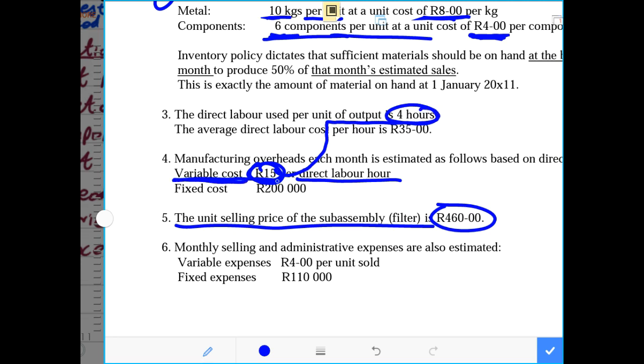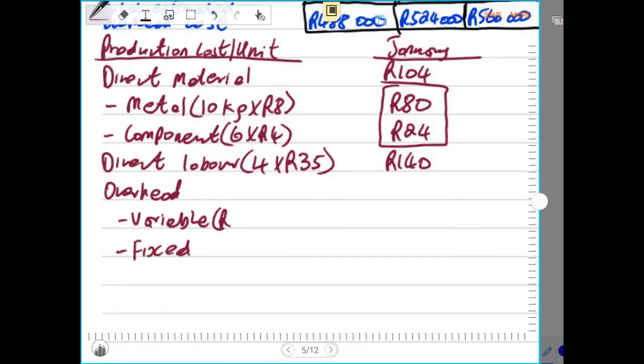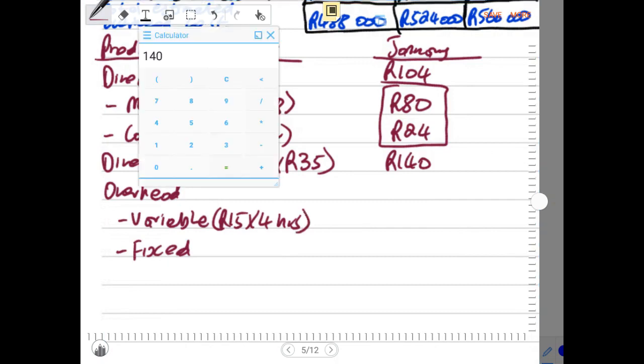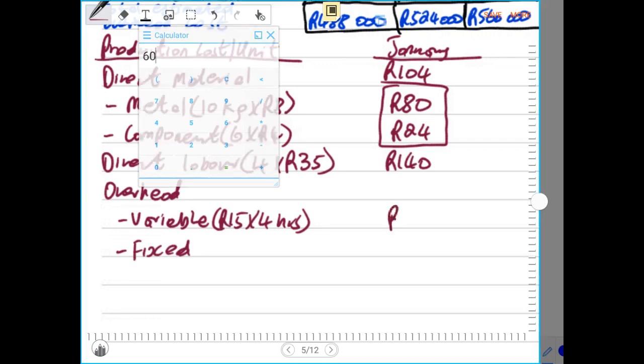Because our variable overheads are based on direct labor hours, it will be 15 rand times 4 hours, which gives us 60 rand. So 60 rand is the variable overhead cost per unit.